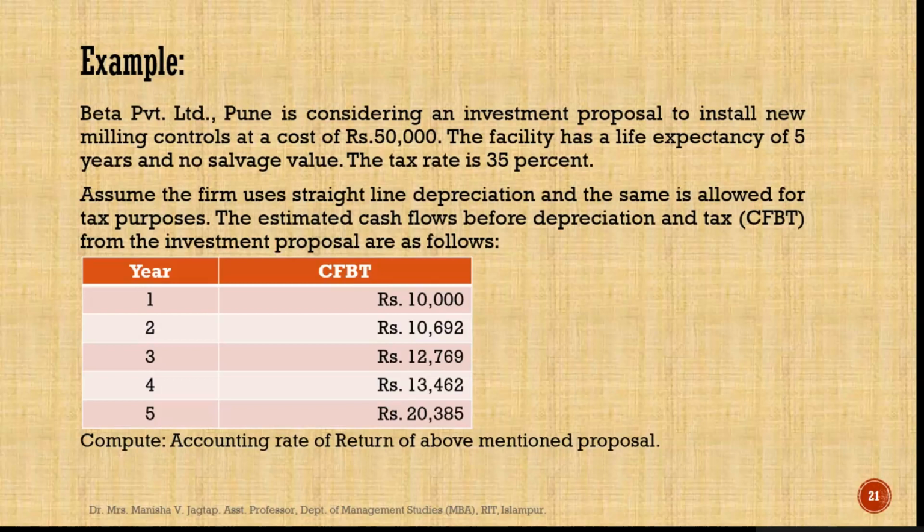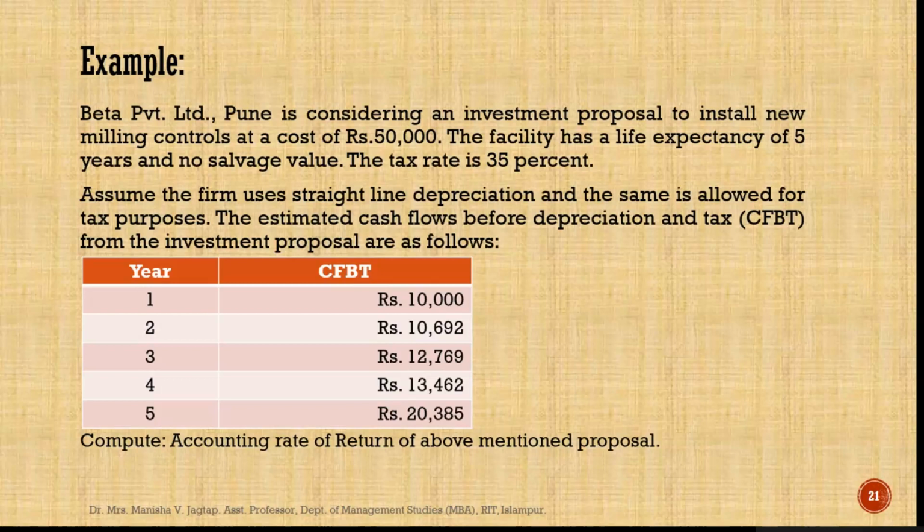Here you can see 5-year data is given concerning cash inflow, and you are required to compute the accounting rate of return for the above mentioned proposal. So this is the information where they have given us the idea about the investment amount, that is rupees 50,000.